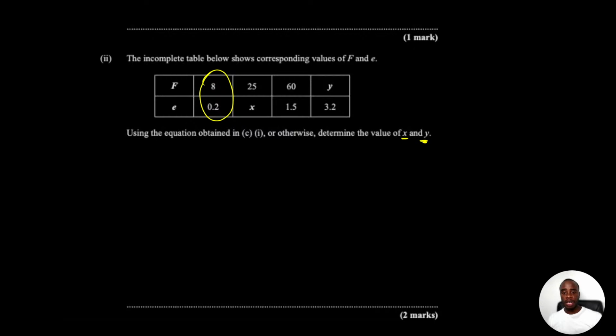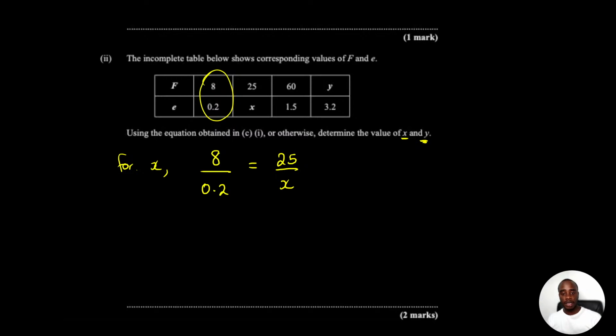So remember that we said if they are directly proportional, the ratios are the same. So for x, 8 to 0.2 is the same as 25 to x.